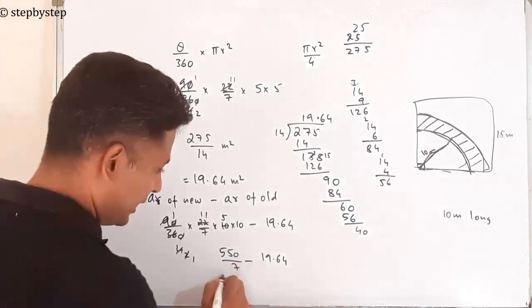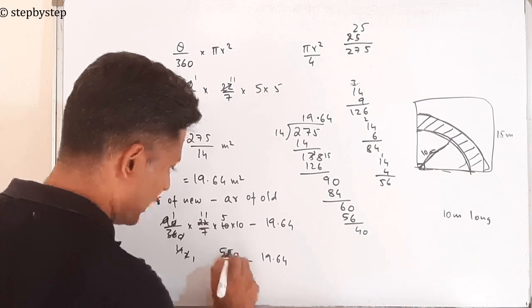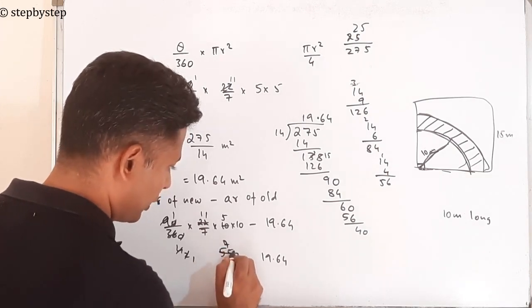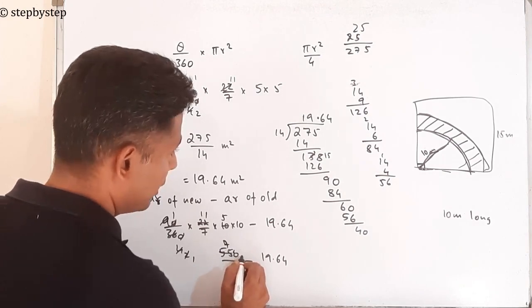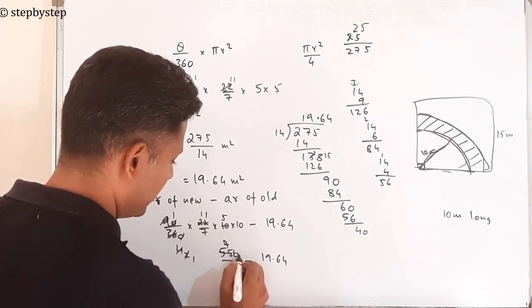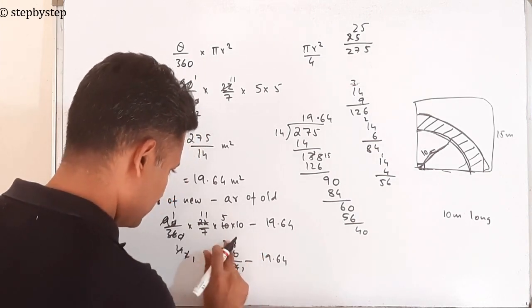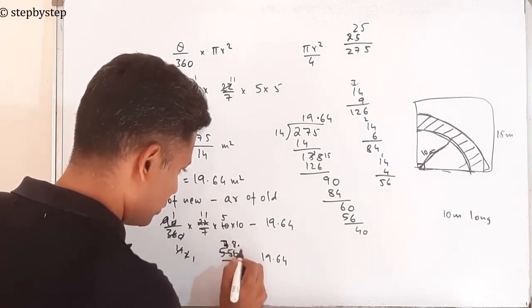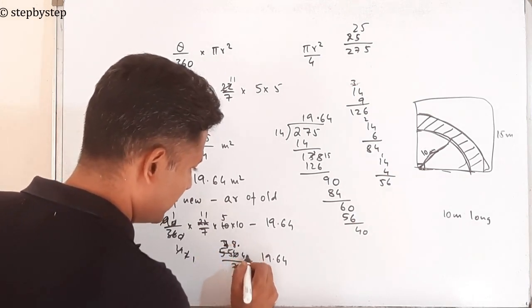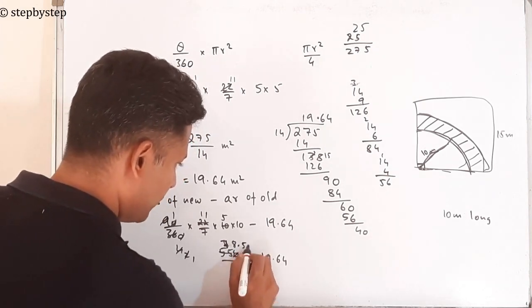So 550 by 7 is 78.57, dividing 7 7s are 49, 60 remains, 7 8s are 56, 40 remains, 7 5s are 35, 50 remains.